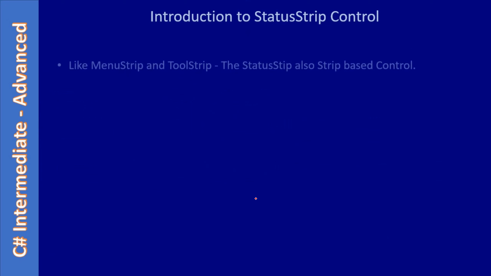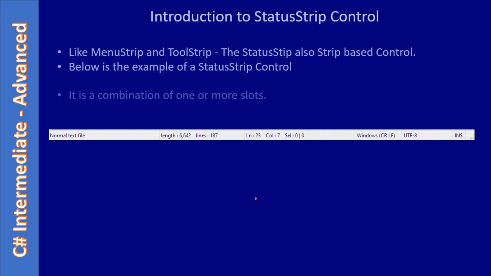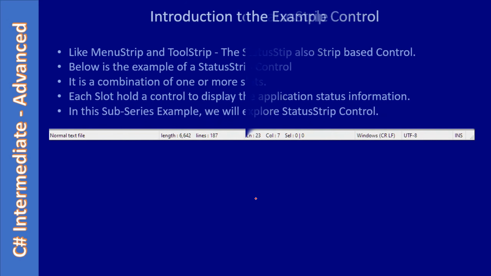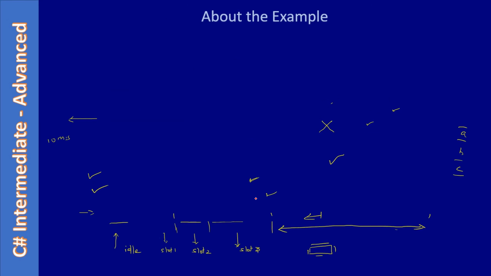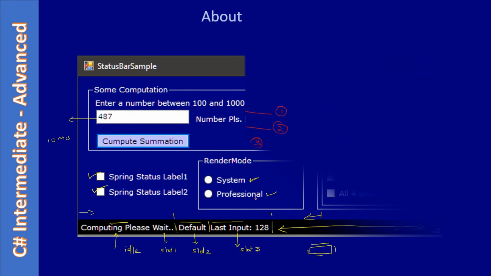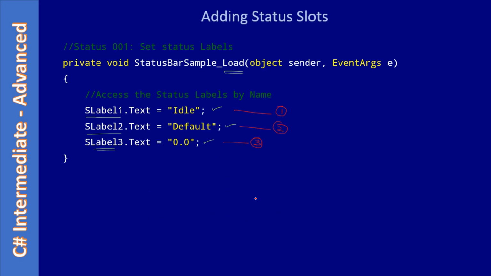So these are all the slides from previous parts of the videos. First we applied some default text to our status slots during the form load.